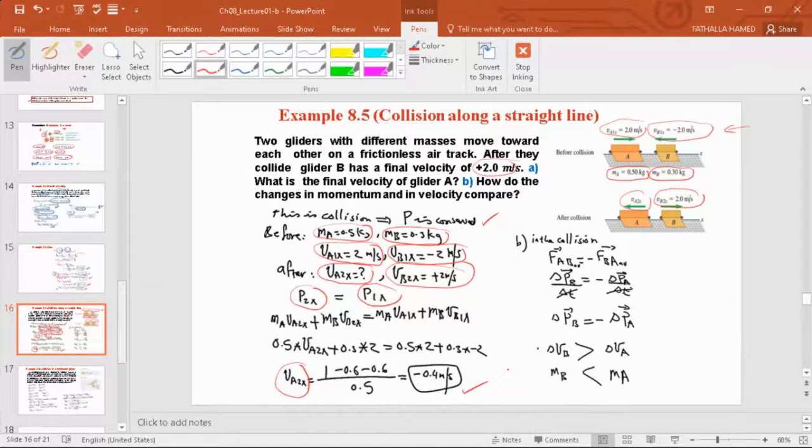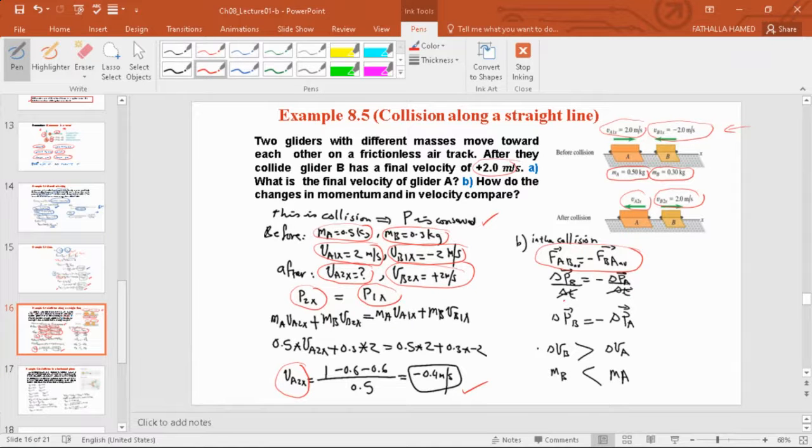You know, by Newton's third law, action-reaction, F_AB should equal minus F_BA. So you look at the change in momentum of B over the change in time, which should equal minus the change in momentum of A over the change in time.